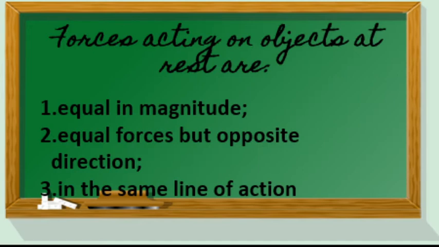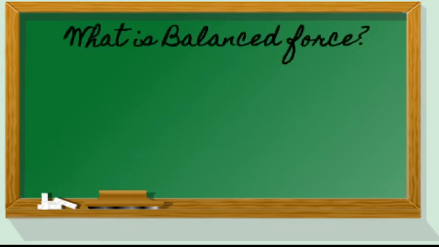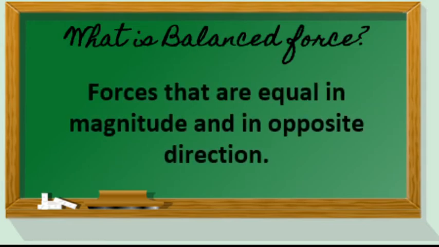They are in the same line of action. The forces are said to be balanced. What is balanced force? Forces that are equal in magnitude and opposite in direction, so there will be no motion in an object.